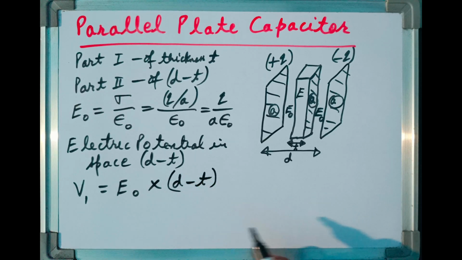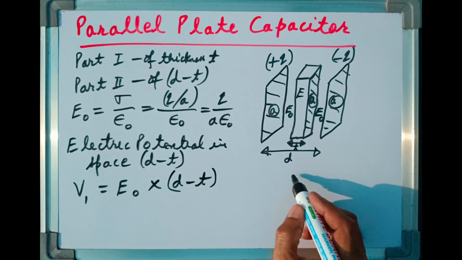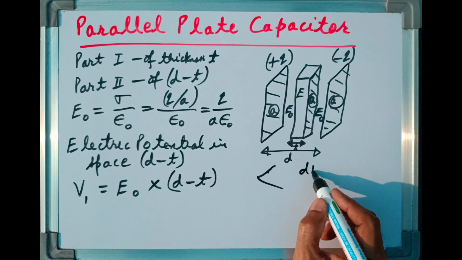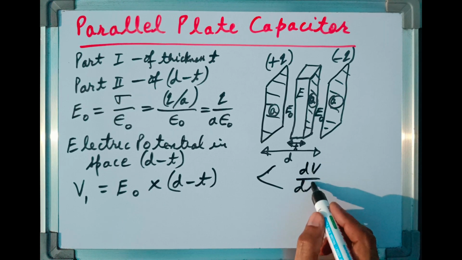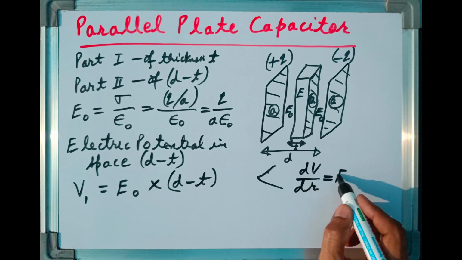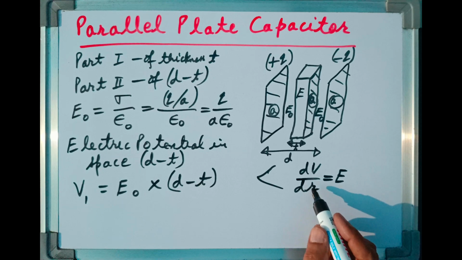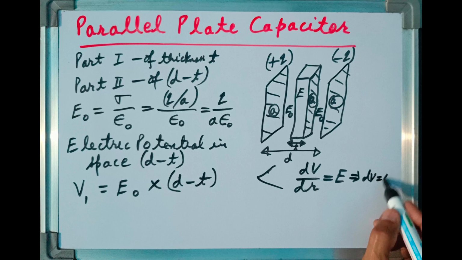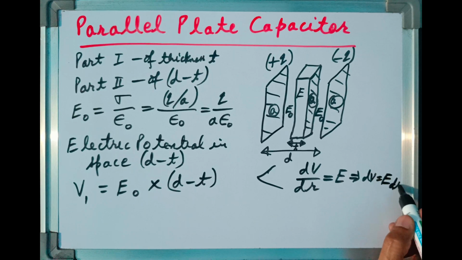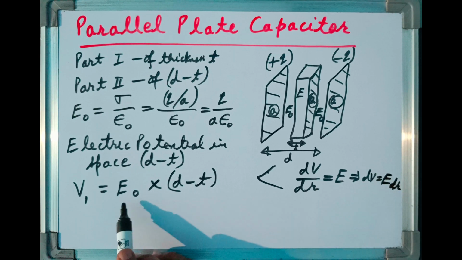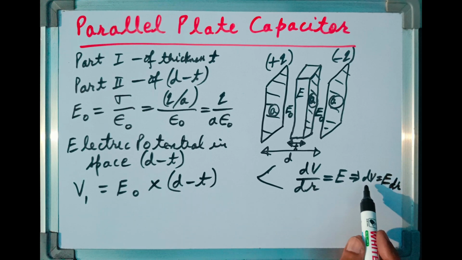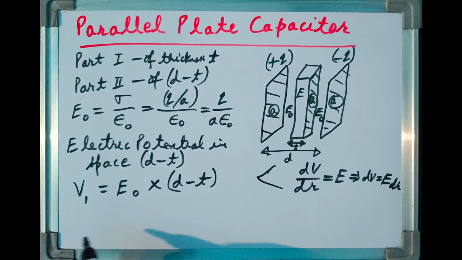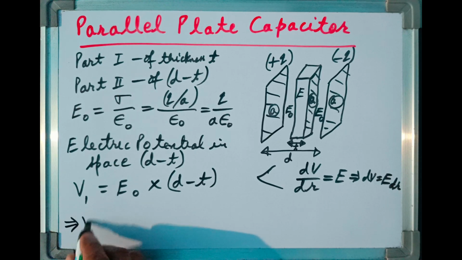Where from this relation has come, we know the definition of potential gradient, that dV by dr is numerically equal to electric field. So using this, we can write potential difference equal to E multiply dr, means electric field multiplied with distance gives us potential. So this is how we can find potential in space d minus t.